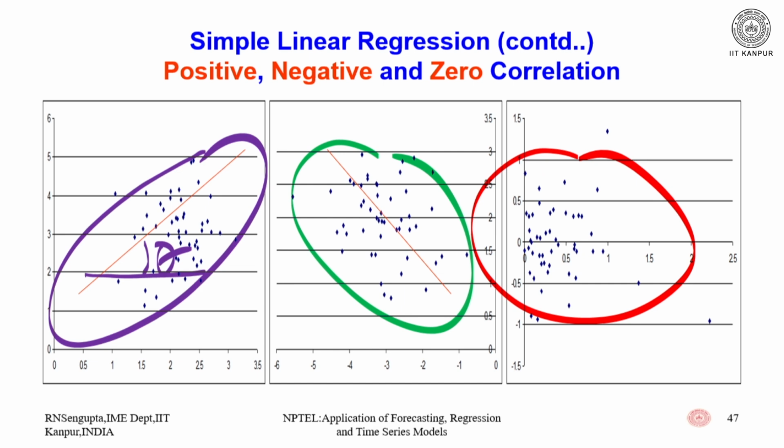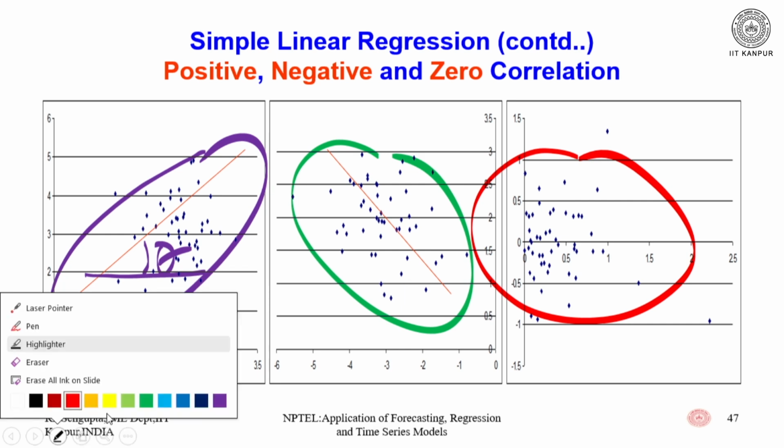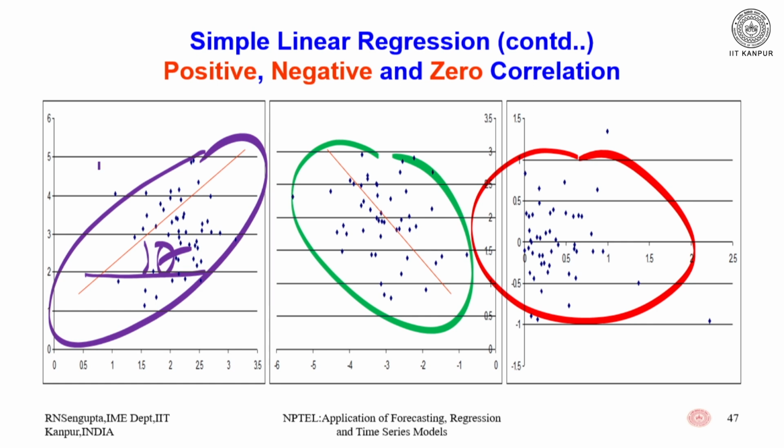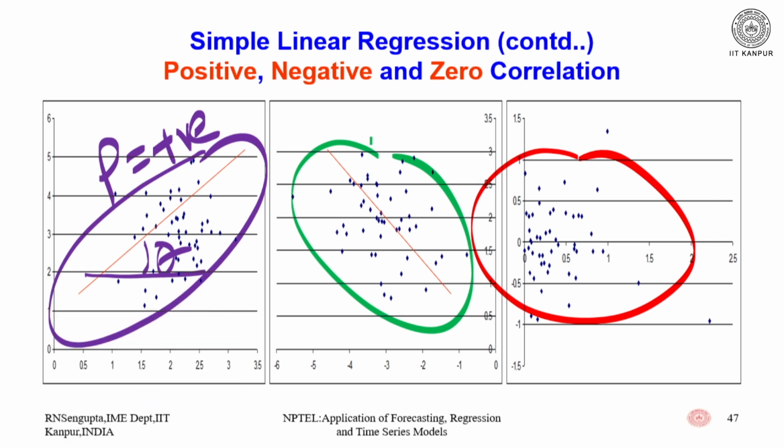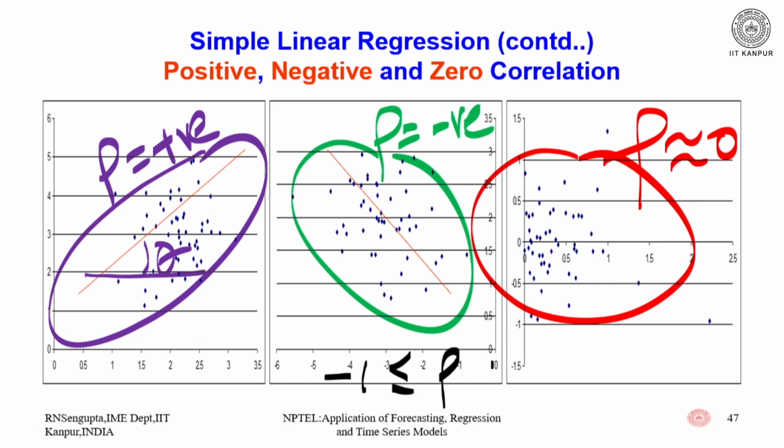If I go back to the basic concept of the correlation coefficient, when it is shown in violet, the correlation coefficient would be positive. For the second panel diagram, the correlation coefficient would be negative, and for the third panel diagram, the correlation coefficient would be almost 0. We all know the values of the correlation coefficient are always between -1 and +1, and we will be utilizing that in a very simple way later on.